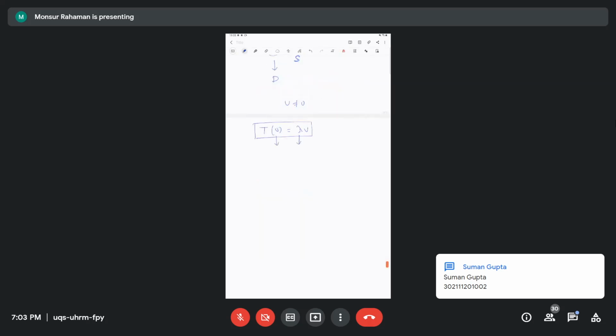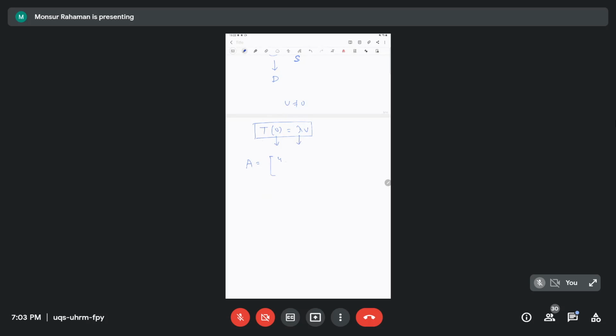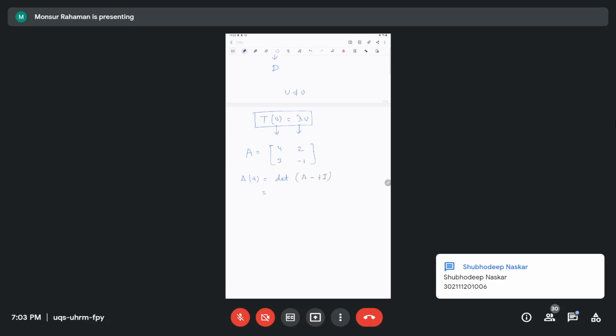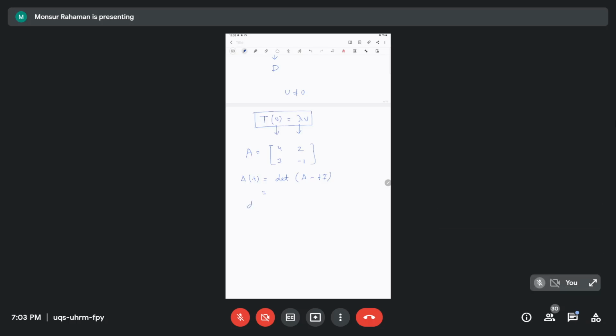Its characteristic equation is determinant of A minus tI. If you want to take c out, what will it be? c to the power n, depending on the size of the matrix.